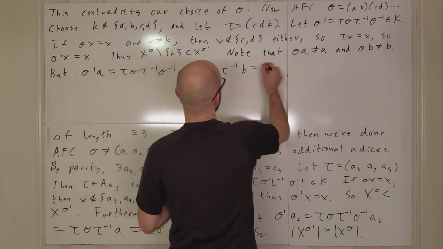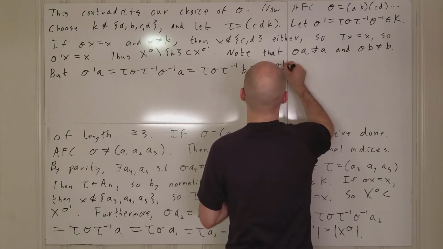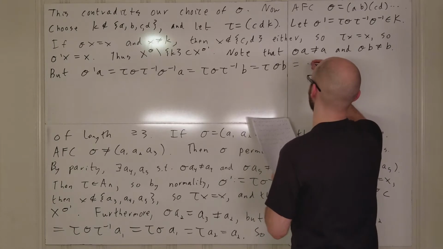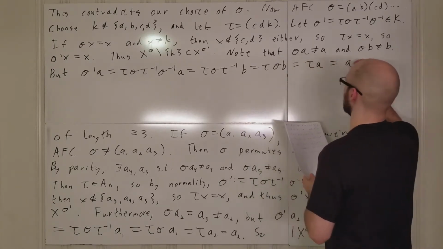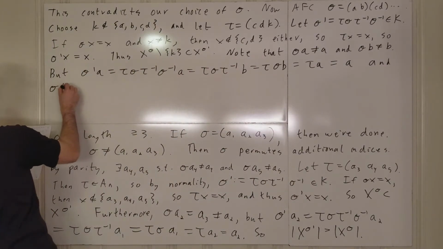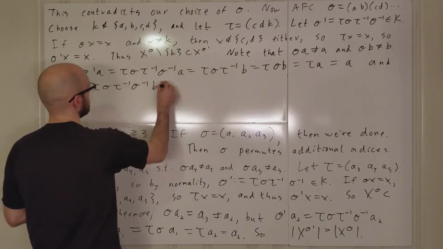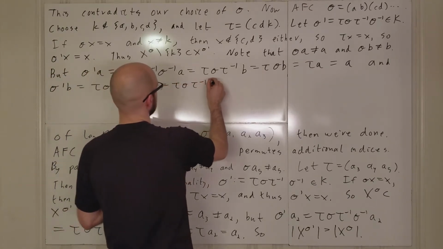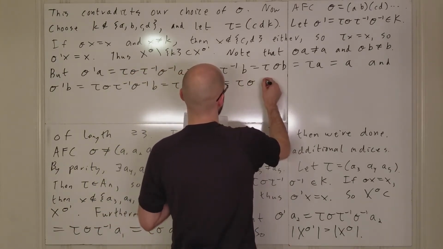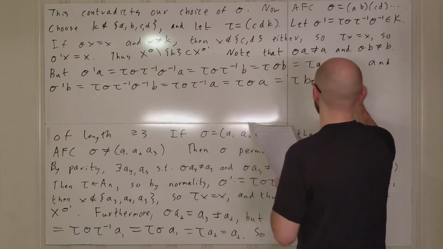And of course tau doesn't move a or b, so b is going to pass right through tau inverse. Sigma is going to switch it back to a, and then it's going to pass right through tau. And then the same exact thing is going to happen for b: tau sigma tau inverse sigma inverse of b, it's going to flip there, pass through, and go back to b.